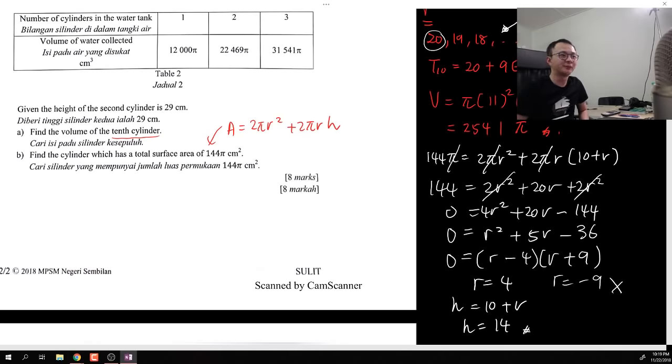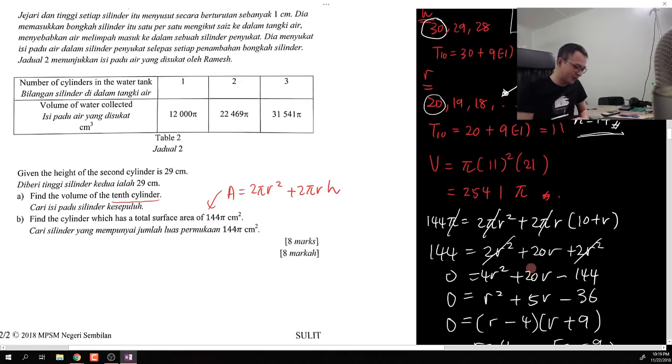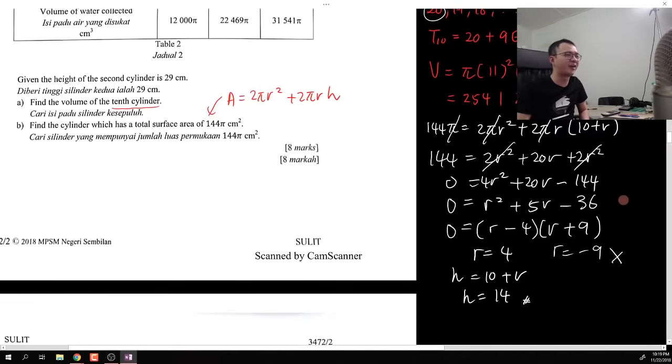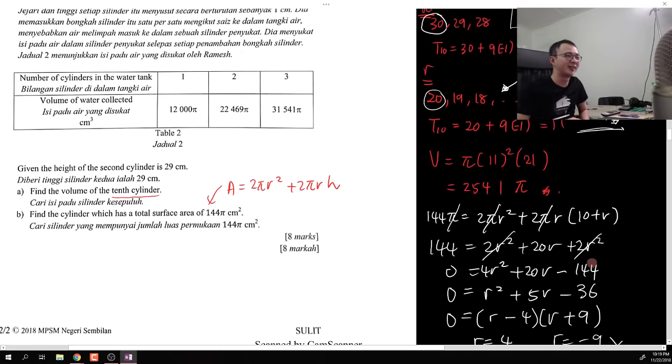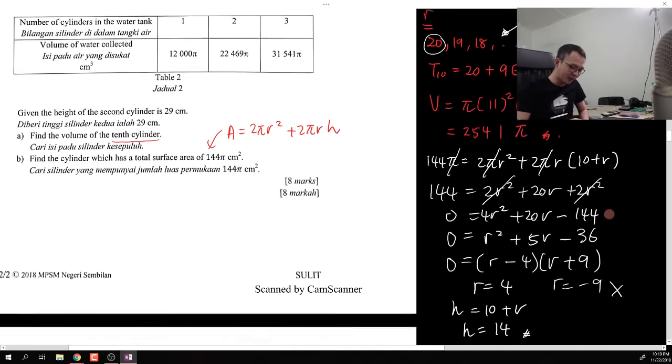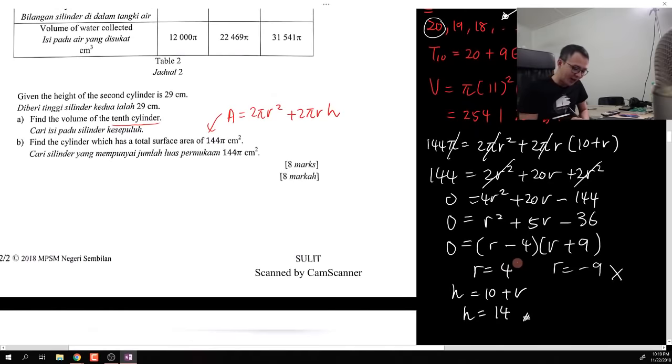Alright, this question is a bit confusing and complicated, but I hope you can still understand it. There are a lot of things that need to be done in order to get the correct answer. Why Tn equals 4? Because we found that when the radius equals 4, we get 144 pi. But we do not know at which term, which cylinder, the radius will be 4, right?